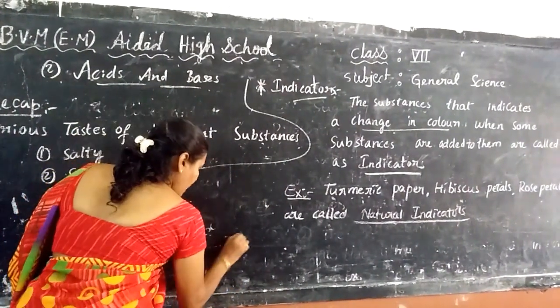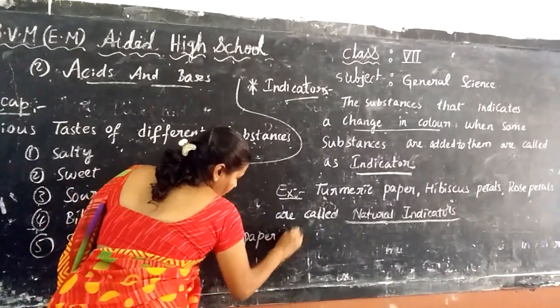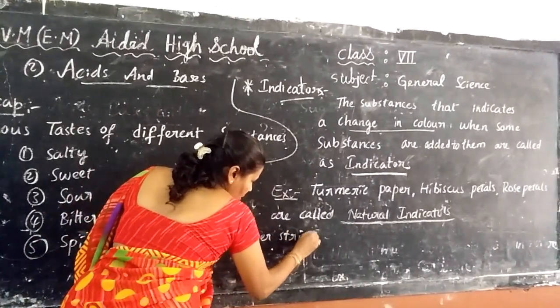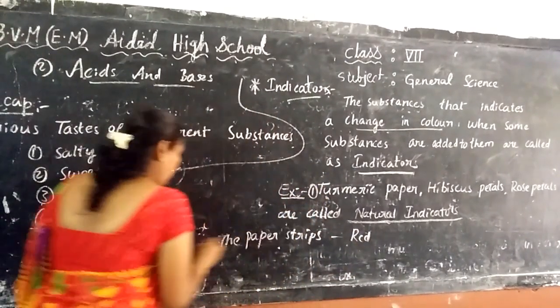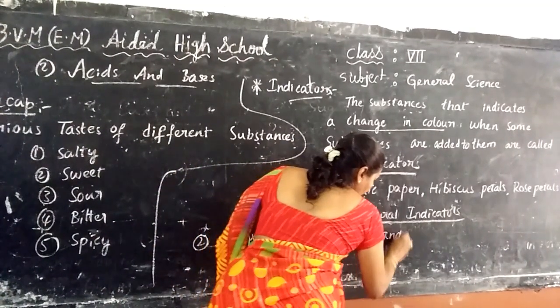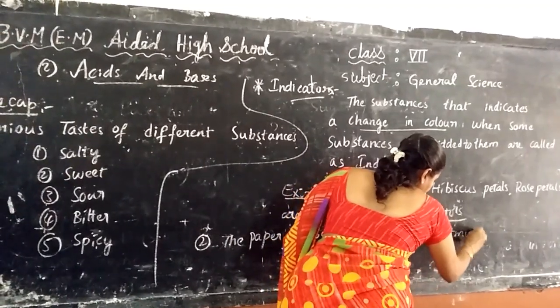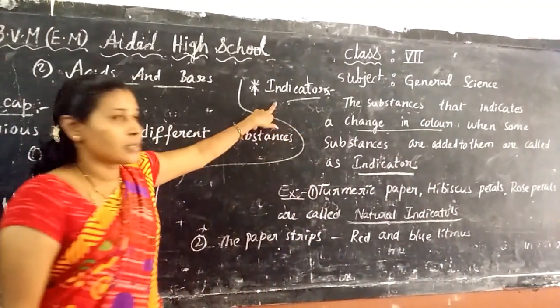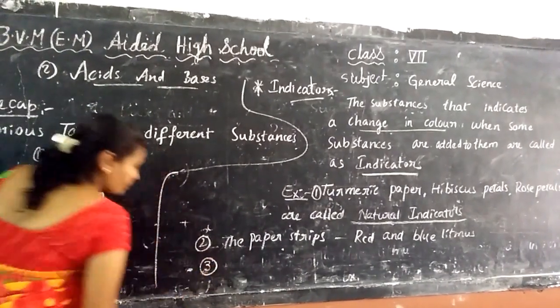What are the examples of paper strips? Red and blue litmus papers. This is the first example, this is the second example. Red and blue litmus papers are also called paper indicators.